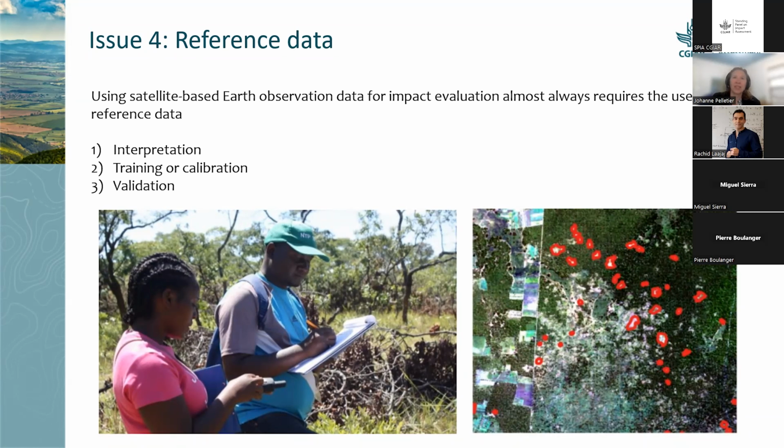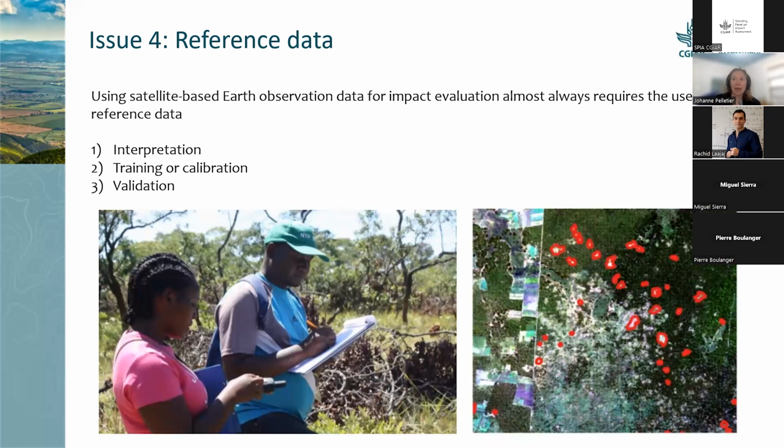Reference data is used in three main ways. You use reference data to interpret what's on the ground, to train or calibrate your model, or for validation, to look at how good your model is performing.